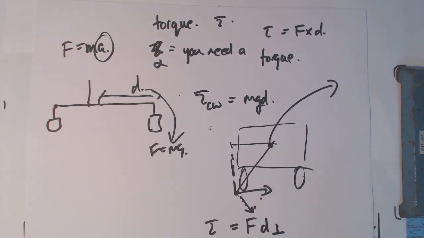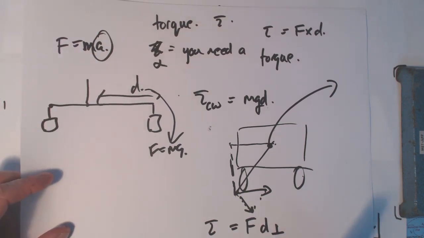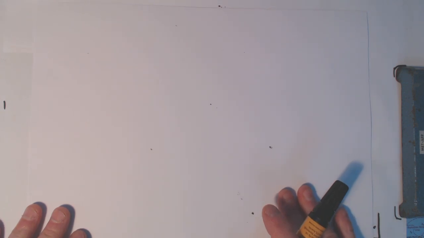So if you see that, that's what I've done. It's going to come in useful when we do angular momentum in this unit, this idea of a perpendicular distance. It's because we don't really concentrate on vectors in high school. This is all taken care of normally with vector notation. I will come back to that.